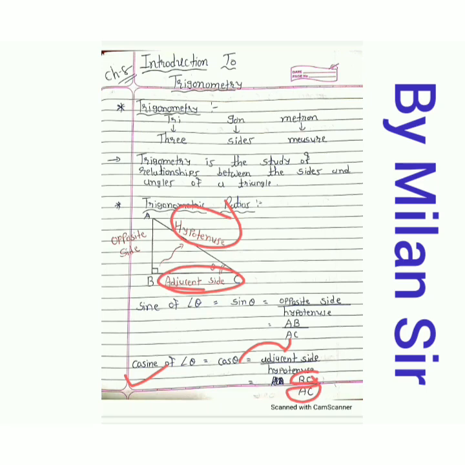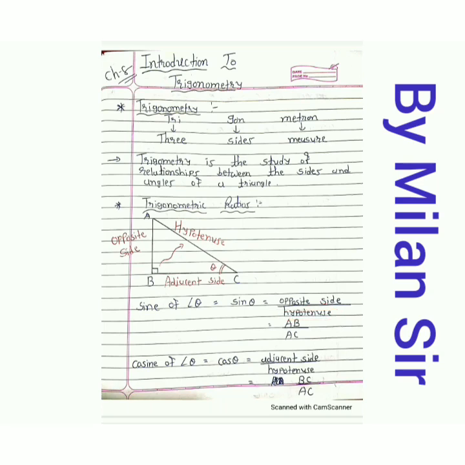Sin theta means opposite side upon hypotenuse. Cos theta means adjacent side upon hypotenuse. Now in sin theta and cos theta, we know that in right angle triangle, hypotenuse is the big side, right? So in sin theta, hypotenuse is in denominator. So big side is present in denominator.